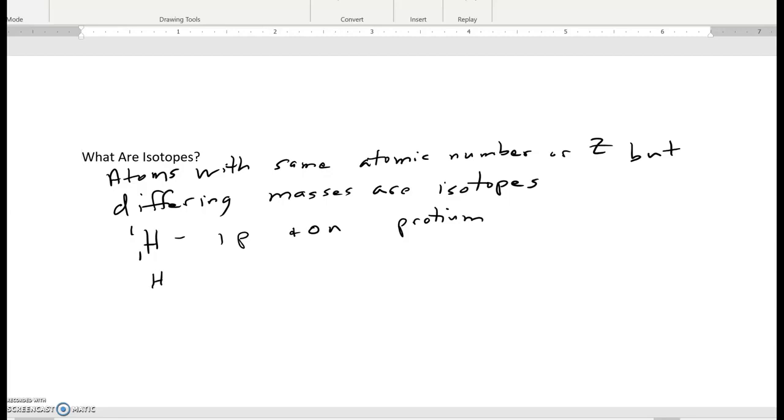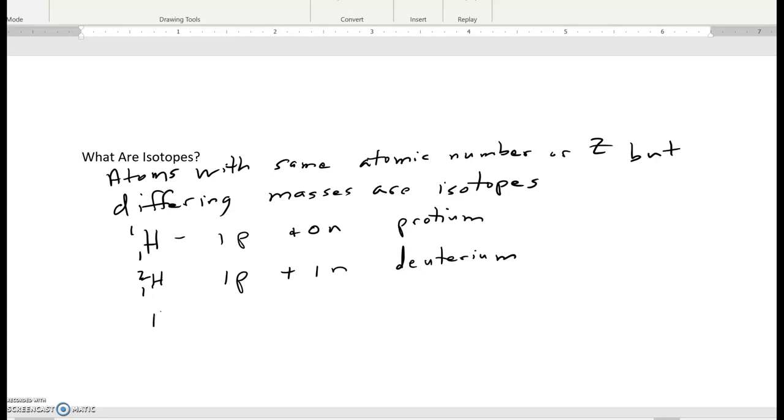But there is another form of hydrogen, so it has atomic number 1, but has a mass of 2. This has one proton and one neutron, and we often call it deuterium.